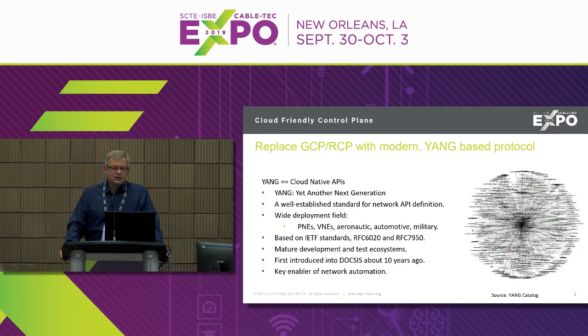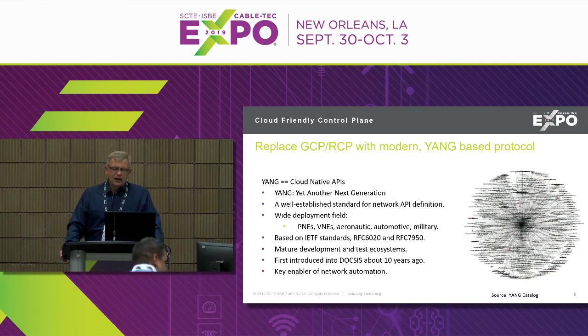It's a well-established standard for network APIs and automation. It has a very wide deployment field. It's not only used to manage physical network elements and virtualized network elements, but also in aeronautic, automotive, military, and many other applications.